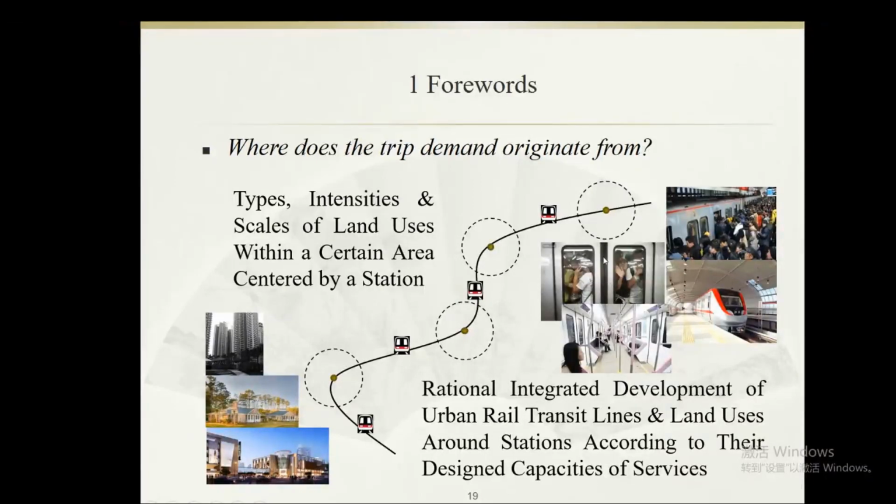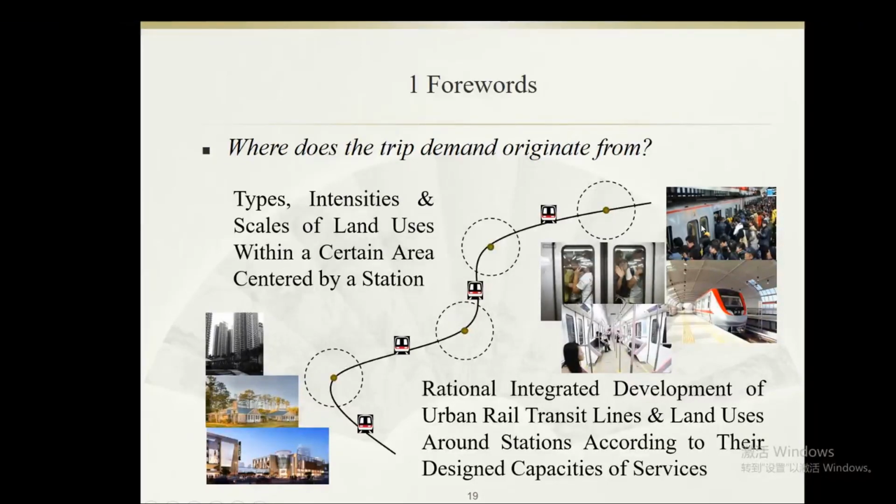Avoid this, avoid this, avoid this. For this one and this one, what happened? Land uses around stations are too small in scale, too low in intensity, and not a suitable type.